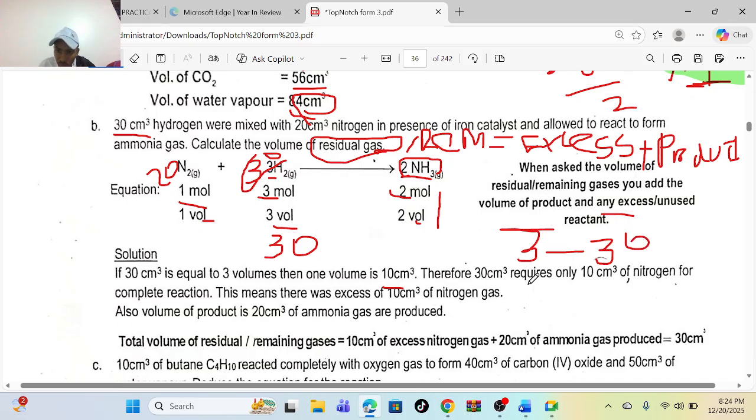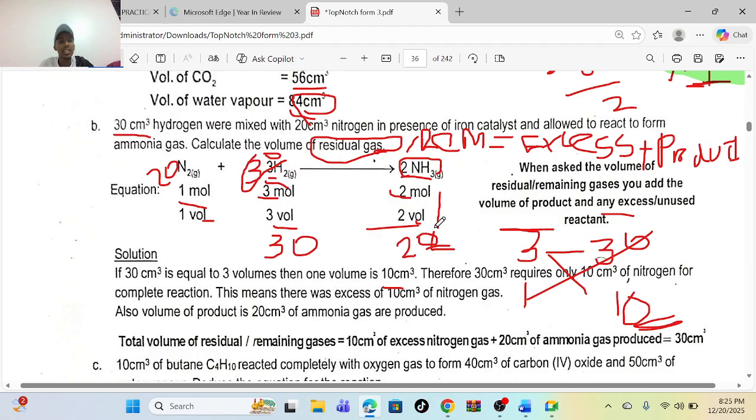Itakuwa cross multiply. 1 times 30 itakuwa 30 divided 3 itakuwa 10. So meaning that one atom of hydrogen ni 10. Na hii ni 2. So 10 times 2 itakuwa 20. So the volume of the product itakuwa 20.